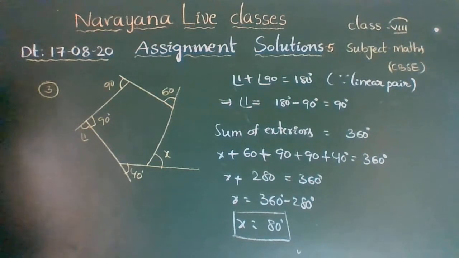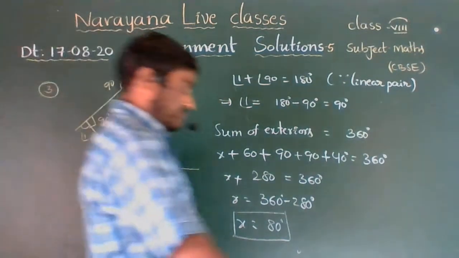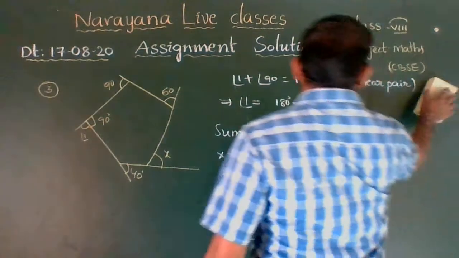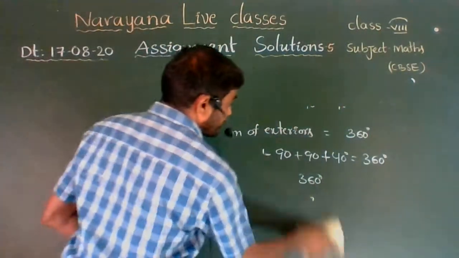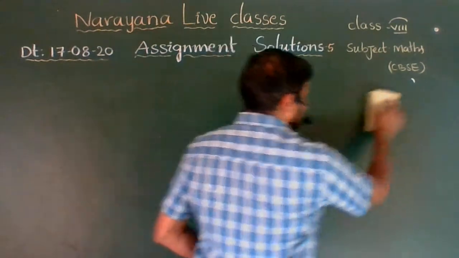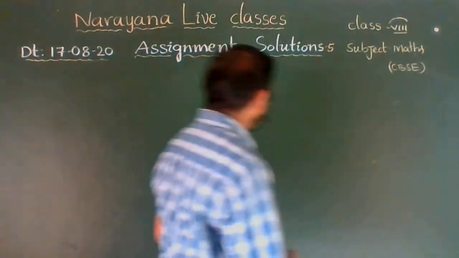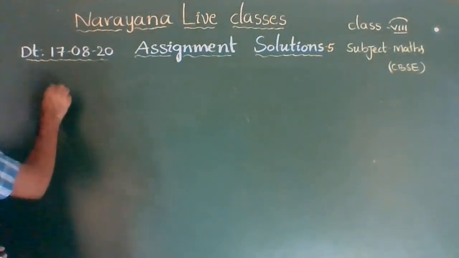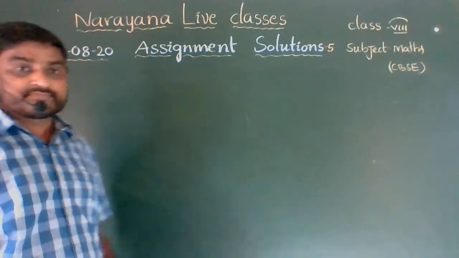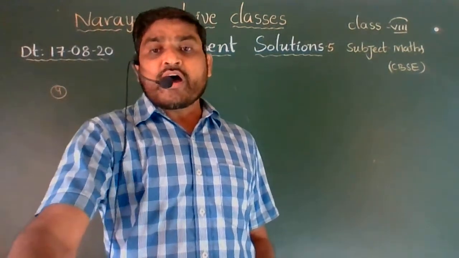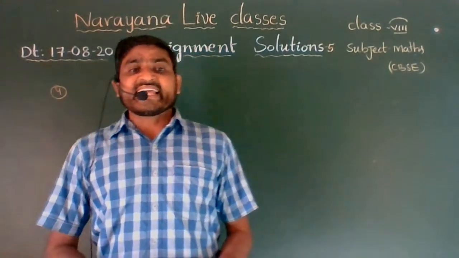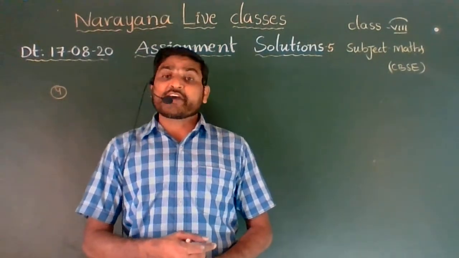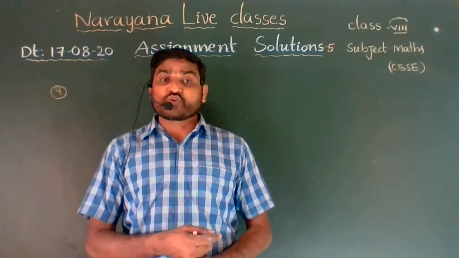Now let me explain the fourth one. The fourth question is, the ratio of exterior angle to interior angle of a regular polygon is 1:4.